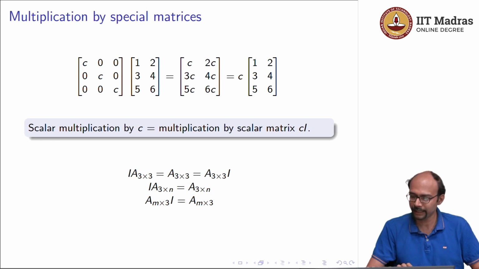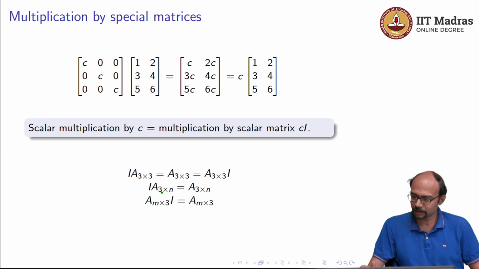So if you have, let's say, a 3 by 3 matrix A, and you take the identity matrix of size 3 by 3, again, you will know from context which identity matrix we are using, then I times A is the same as A, because you can pull out the 1. Nothing is happening, you are multiplying by 1, which is the same as A times I. I'll encourage you to check these formulae.